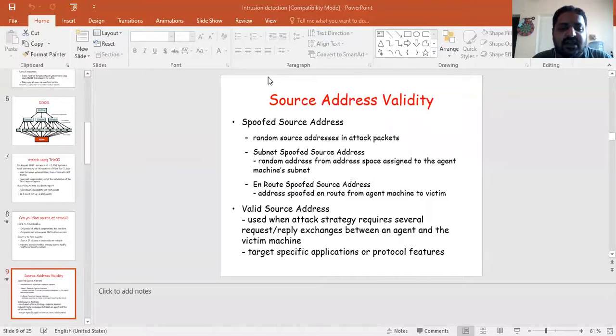Whenever an attacker tries to attack a system, first of all he tries to hide his identity. He can use the address of another system which is a legitimate system, or a legitimate user, and then attack the system, so that he cannot be easily detected by the user or by the intrusion detection system.